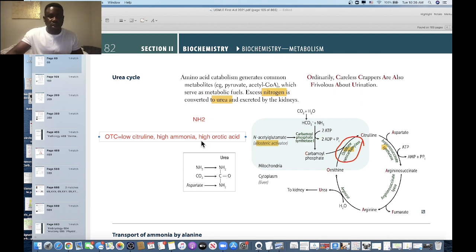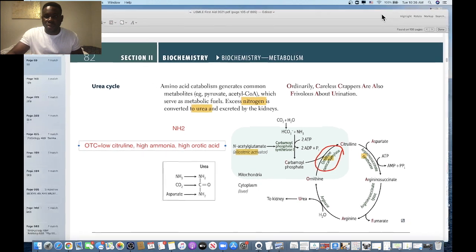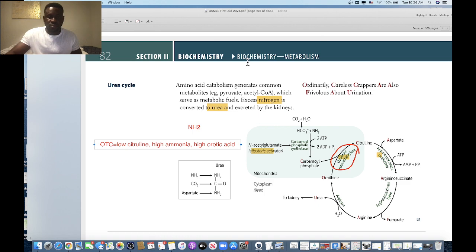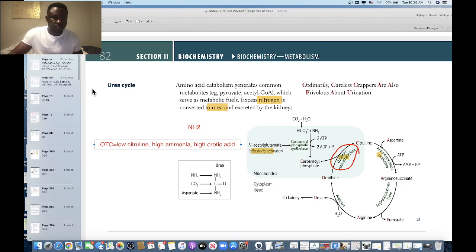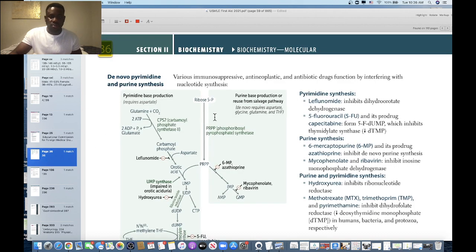So I'm going to search for it over here, and then we look for it. Page 36. This is it. Good.